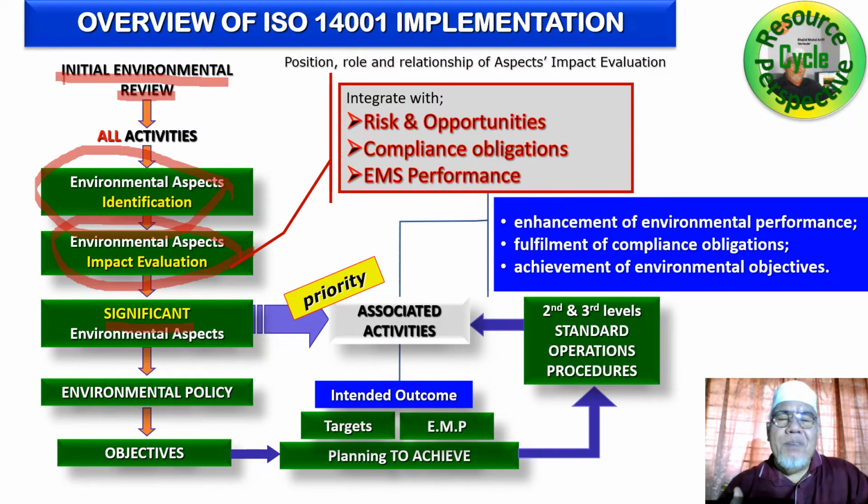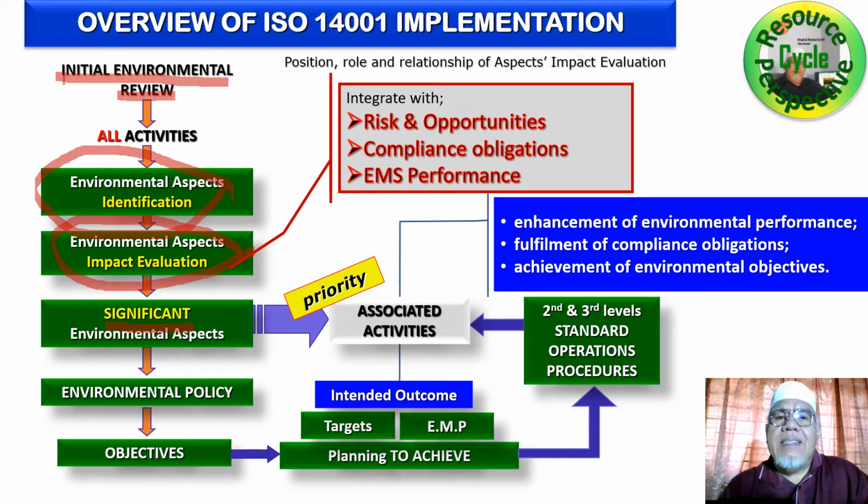And what are environmental aspects? They are elements of our organization's activities, products, and services that interact or can interact with the environment. So what's the fuss about the interaction? The interaction of environmental aspects with the environment shall eventually, subsequently cause corresponding forms of environmental impacts, and some of them are severe, significant, very significant.